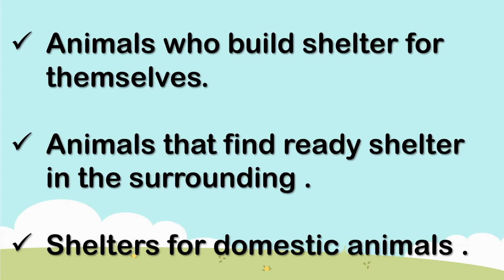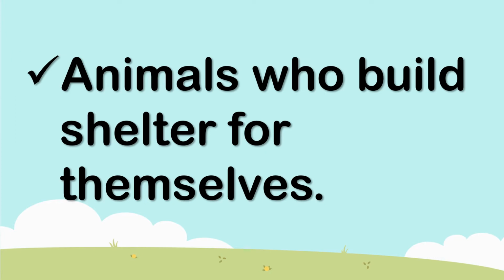Next point, animals that find ready shelter in the surroundings. Next and last, third point is shelters for domestic animals. Now students, we discuss the first point, animals who build shelter for themselves.